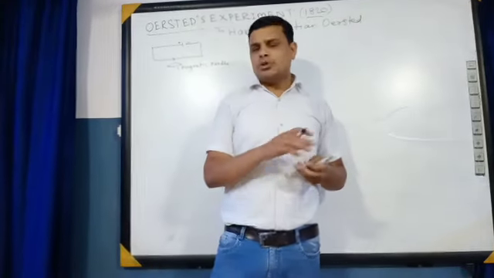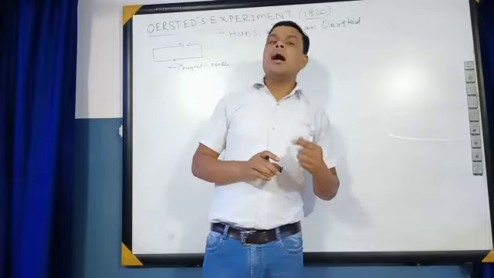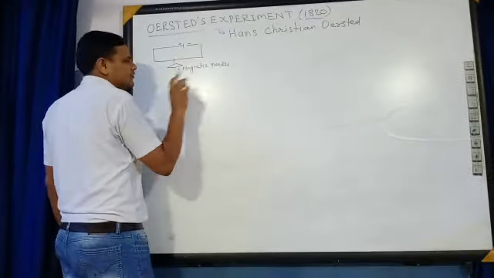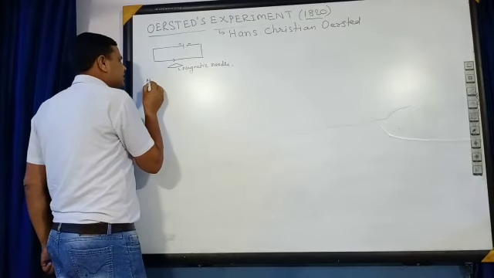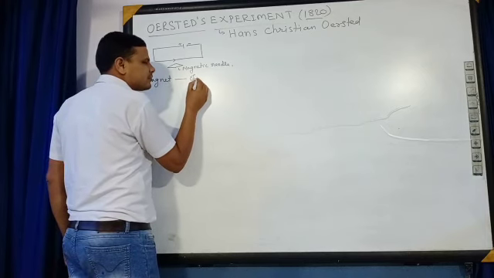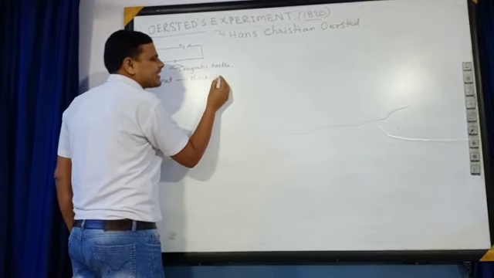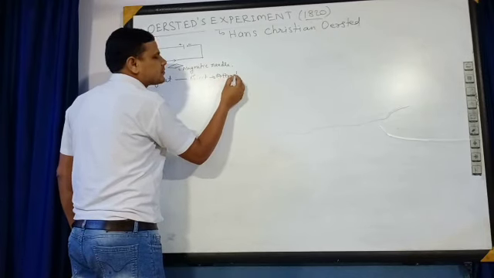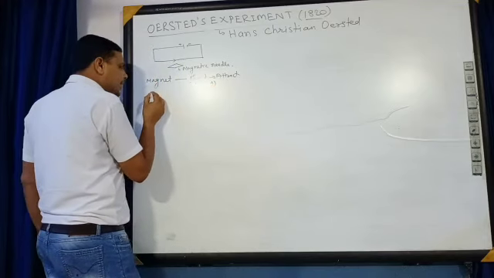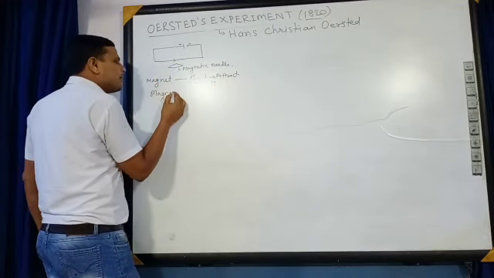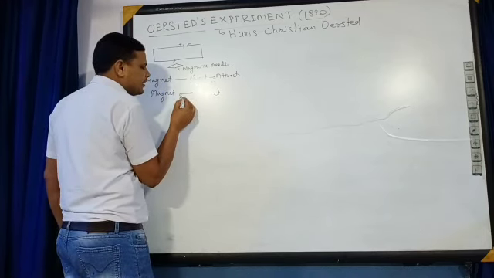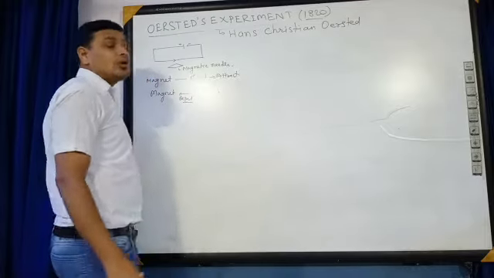Now the question arises, how is this deflection possible? We know that a magnet attracts any magnetic material, but a magnet and a magnet repel.